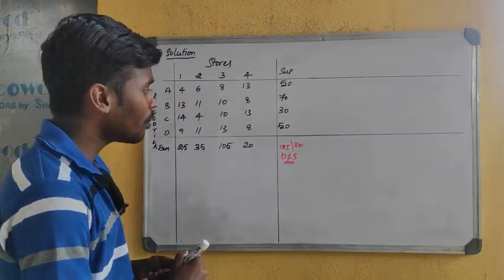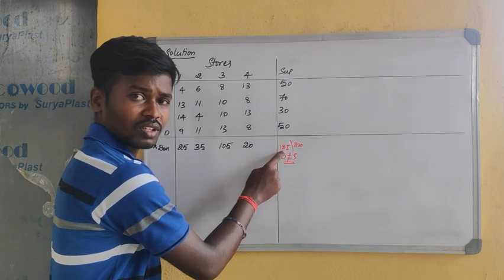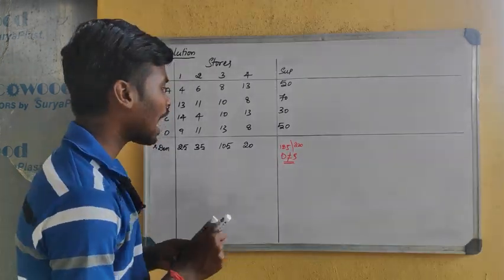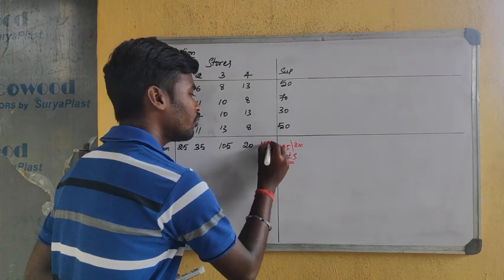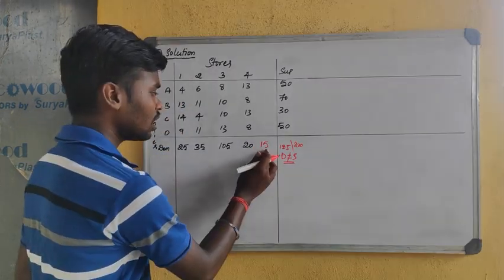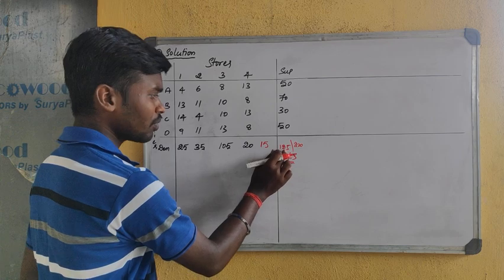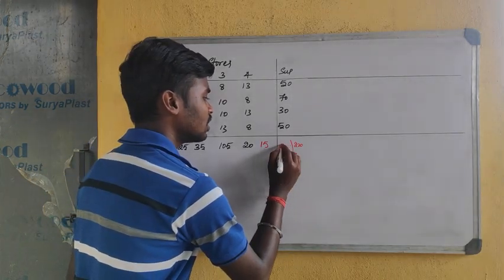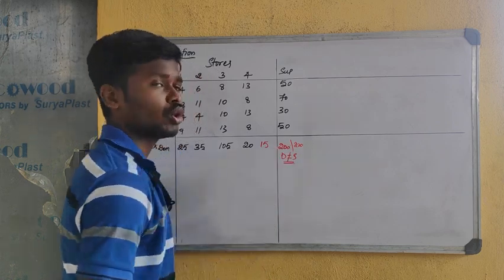In order to make 185 into 200, we have to add 15. Then the demand will be 200.